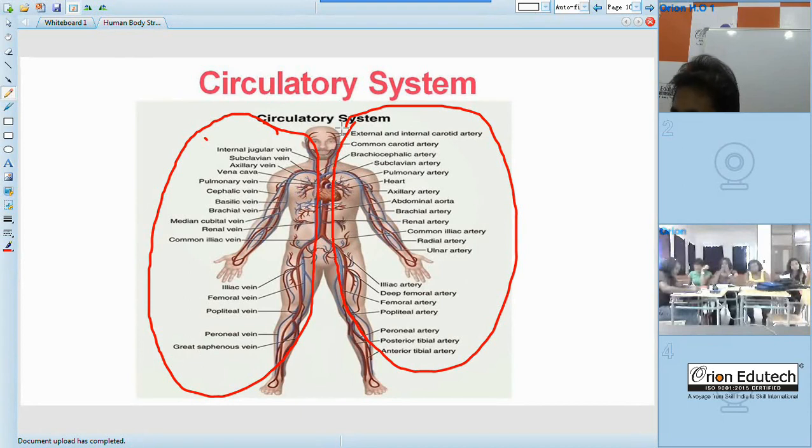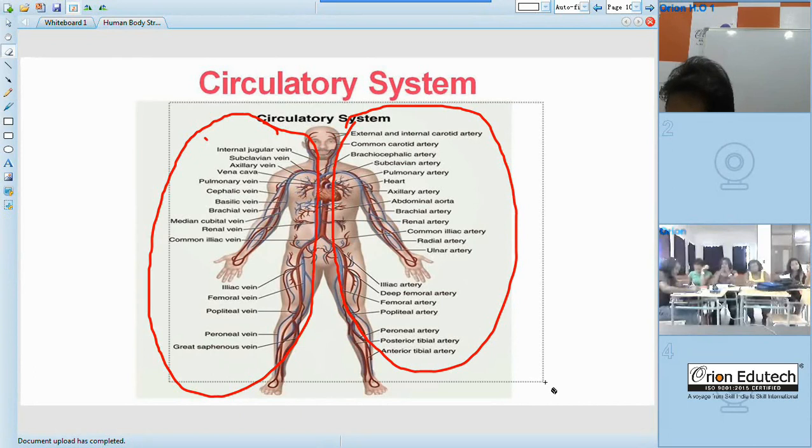So these are the veins and arteries present in our body from head to toe, and they are involved in the circulation of the body.